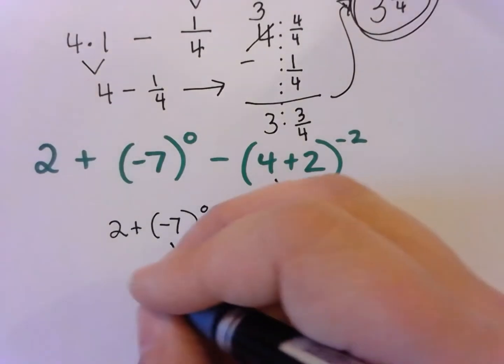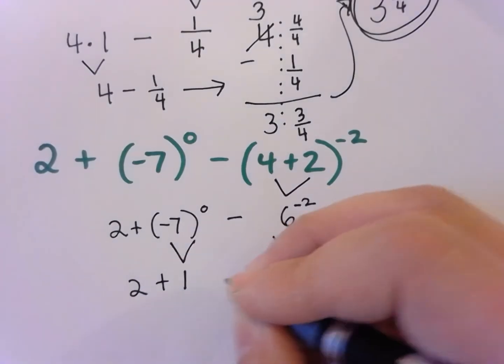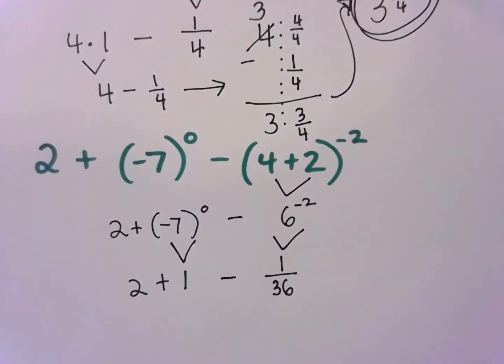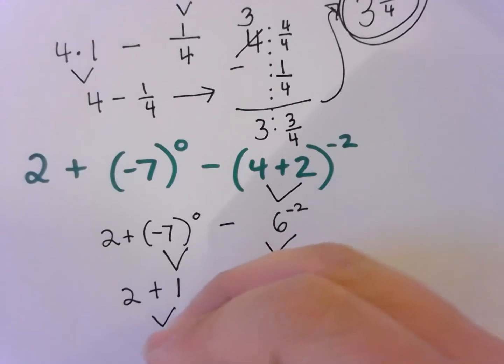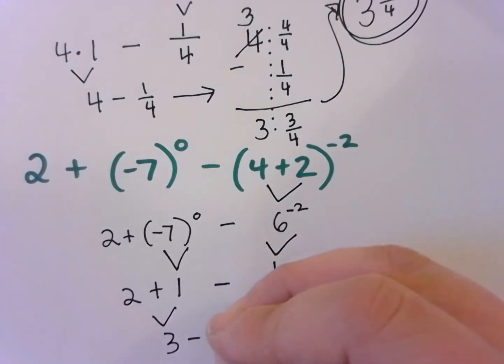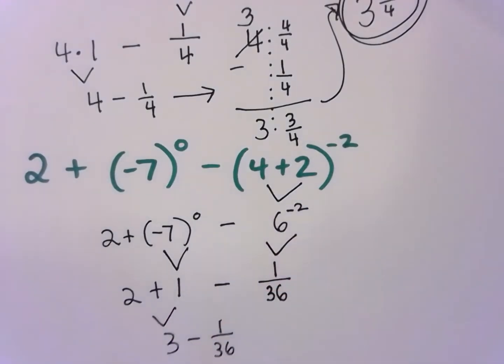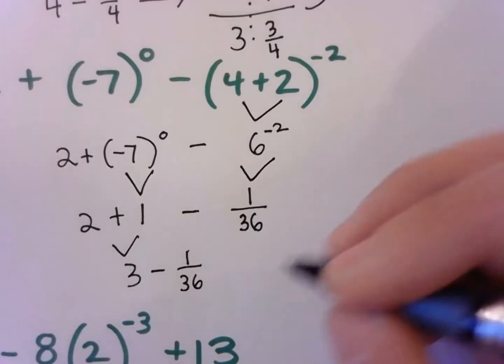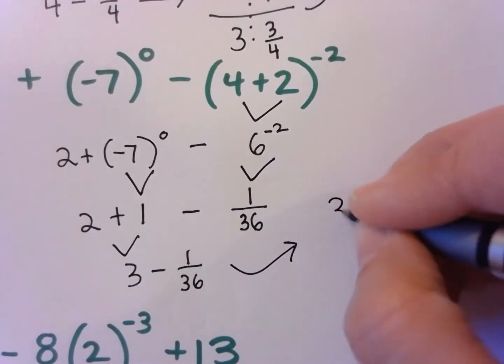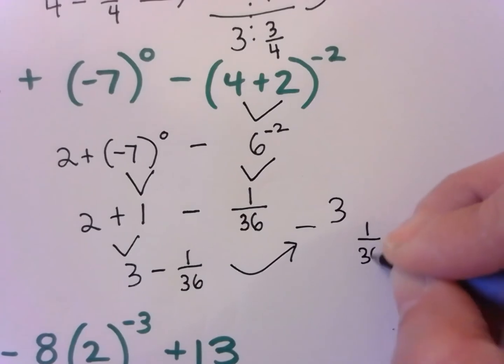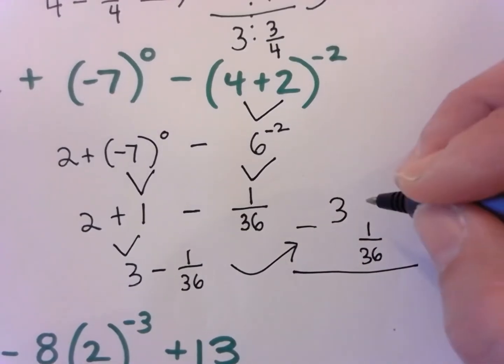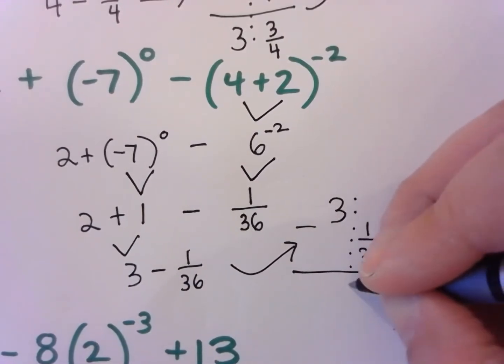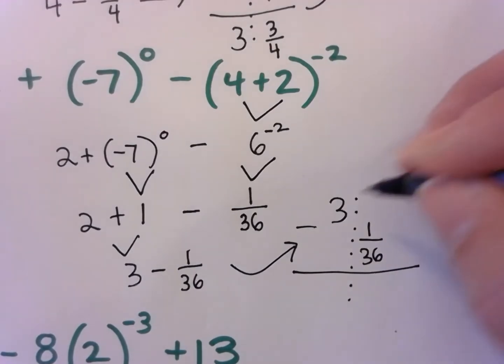Okay, so far so good. 2 plus 1 minus 1/36. So 2 plus 1 is 3, and 3 minus 1/36. You guys, there's fractions again. You can do it. Alright, you know where this is going. Okay, so I'm going to borrow from the 3.